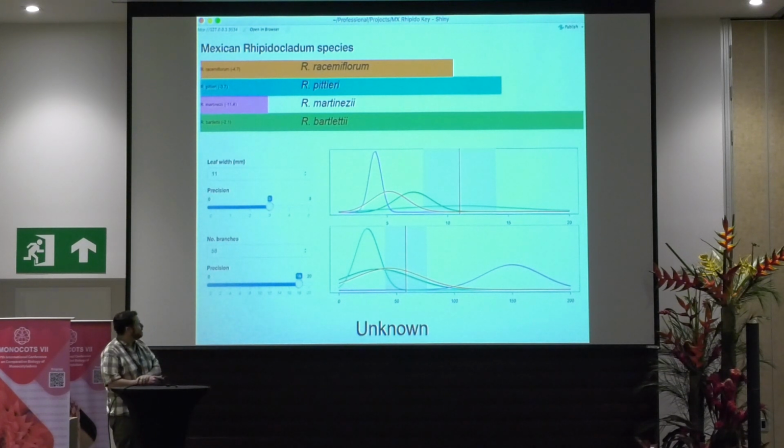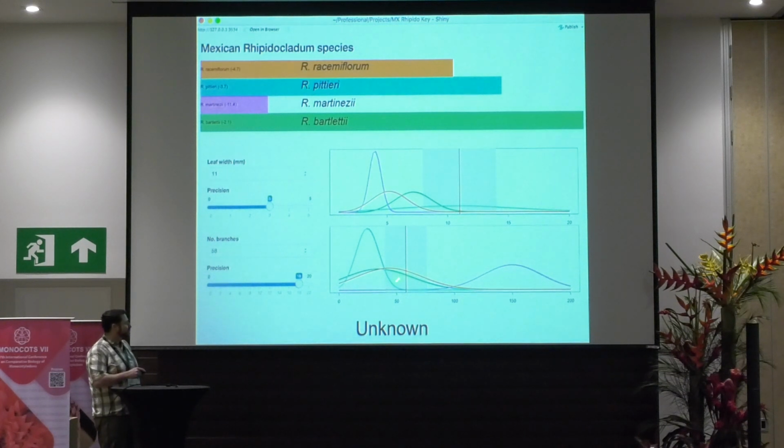example of an unknown specimen, and this occurred in the overlap zone with Bartlettii and Pityeri. And so given the values, we can see that the leaf width was actually following pretty close to the center of Pityeri's leaf widths, but Pityeri has a very widely spread set of character states for leaf width.